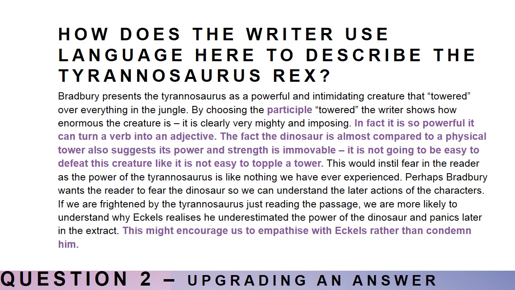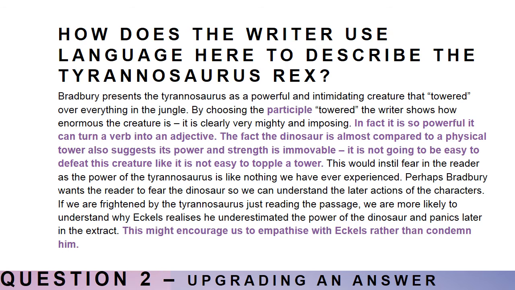I've then gone on to extend my analysis by thinking about another layer of meaning. In fact, it is so powerful it can turn a verb into an adjective. That's what a participle is. The fact the dinosaur is almost compared to a physical tower also suggests its power and strength is immovable. It is not going to be easy to defeat this creature, like it is not easy to topple a tower.